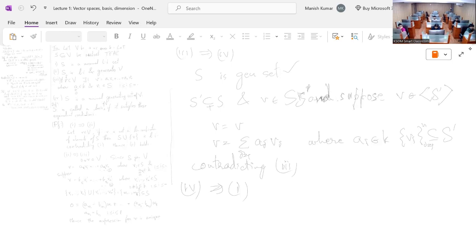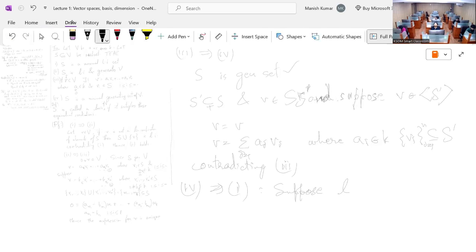So let's try to prove that it's linearly independent, and then maybe we will show that it's maximal linearly independent. Suppose S is linearly dependent, then what will happen?